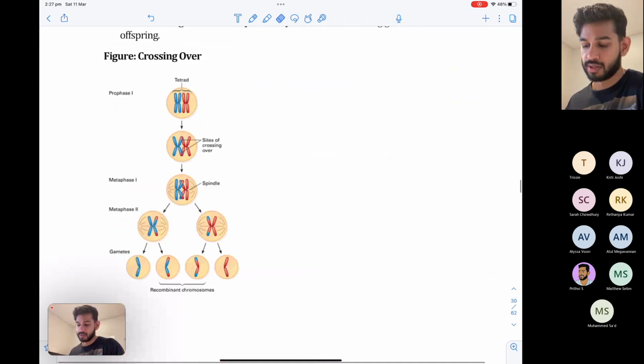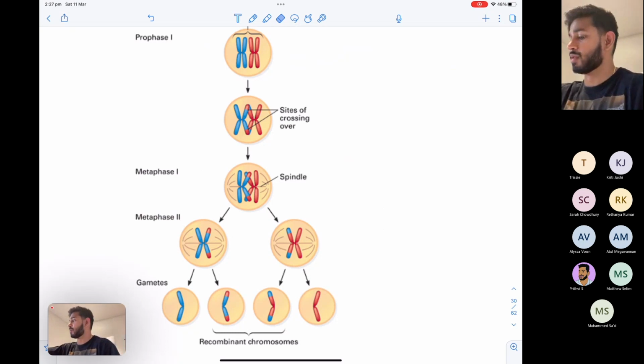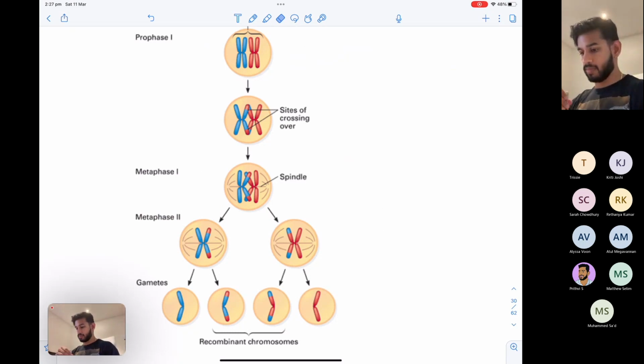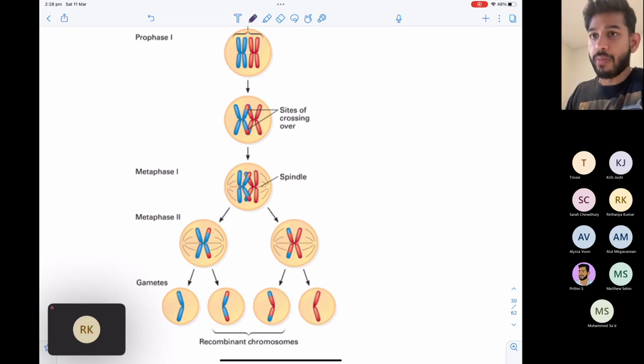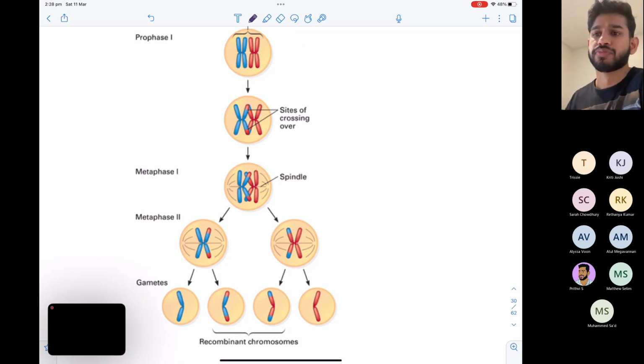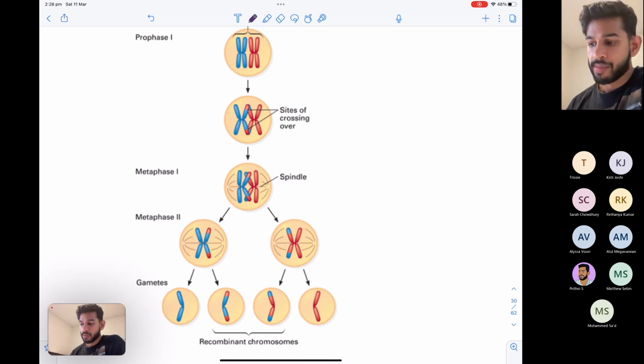Nice. Cool. I'm going to test you all. Rithania, does this model random segregation and does this model independent assortment? I think it's modeling random segregation. So, Rithania, it's not modeling independent assortment? Or is it?